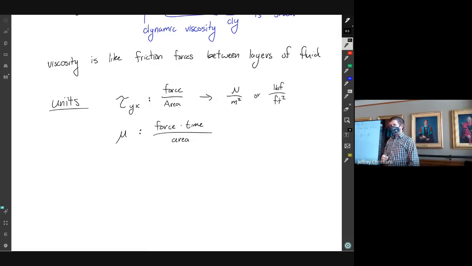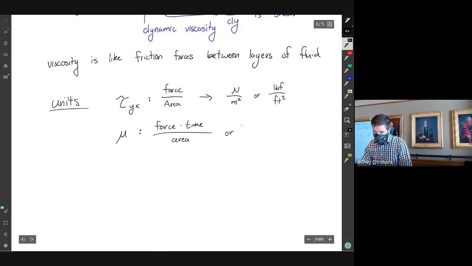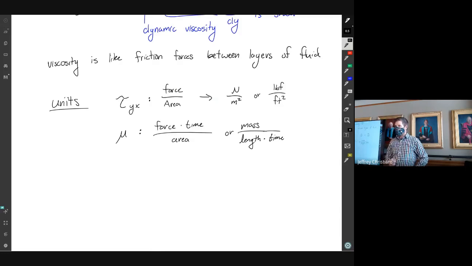That would be one way to do it, but force we can actually decompose into more basic units. So we could write this as mass over length times time. So those are equivalent unit systems, despite the fact that they look different.